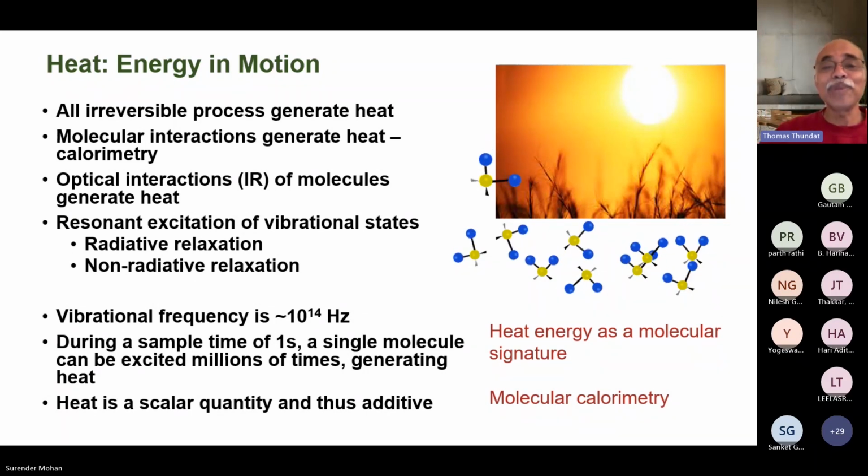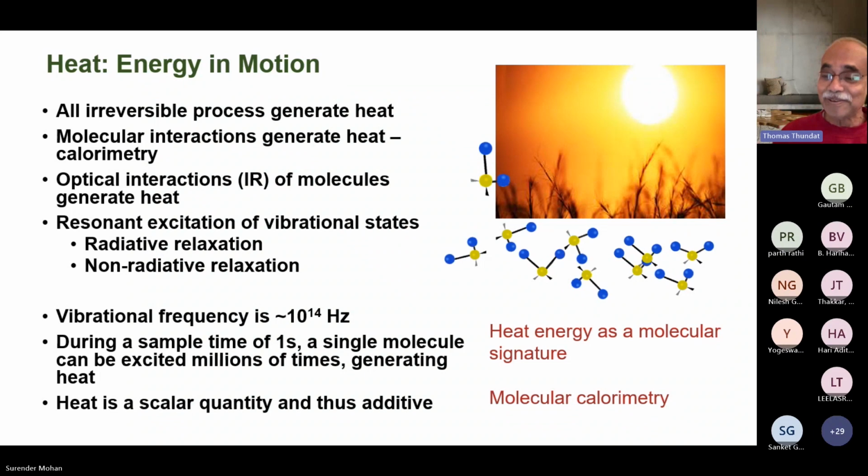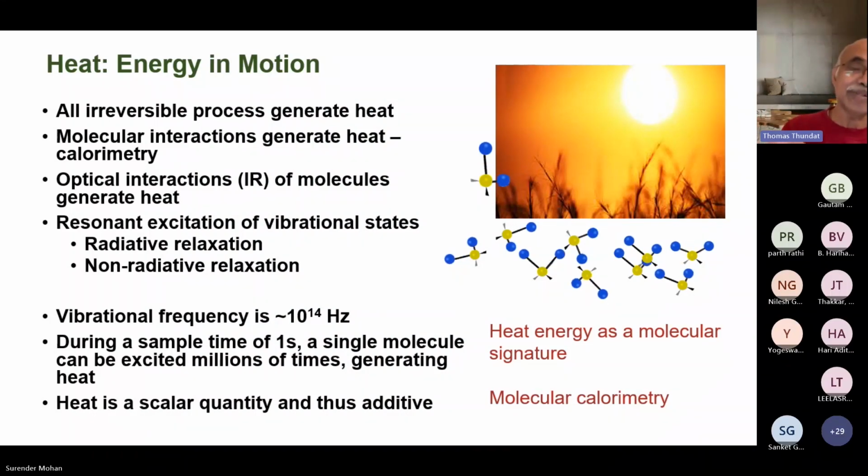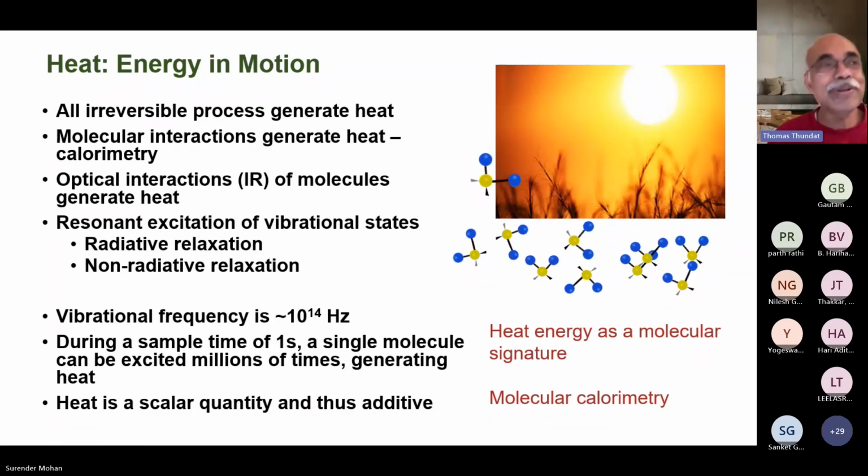So you don't need so many molecules. And so the heat basically adds up. Like I mentioned earlier, if the thermal mass or thermal capacitance is extremely small, the temperature of the device is going to increase. So why is it important?